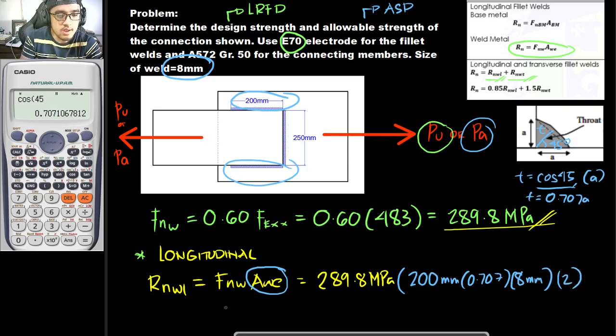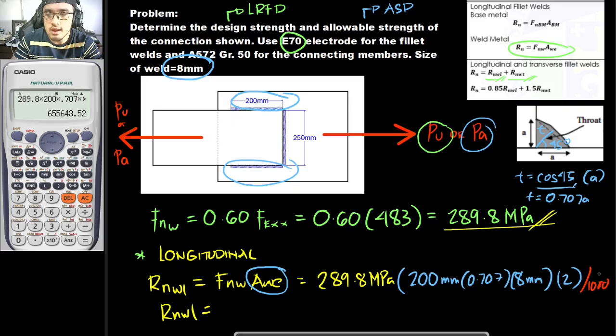So from that itself, our answer here for the RNWL is equal to 289.8 times 200 times 0.707 times 8 times 2, that is equal to 655,643 newtons. So if I divide this by 1000, we arrive at an answer in kilonewtons.